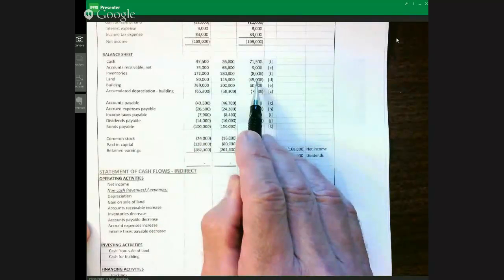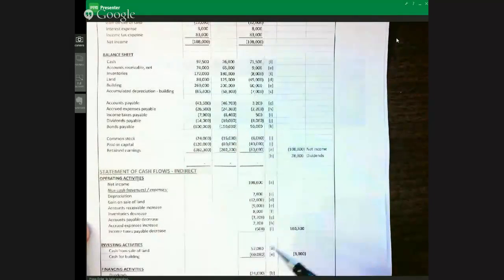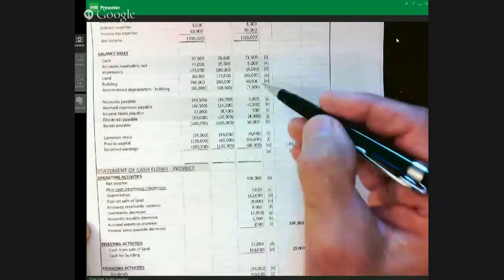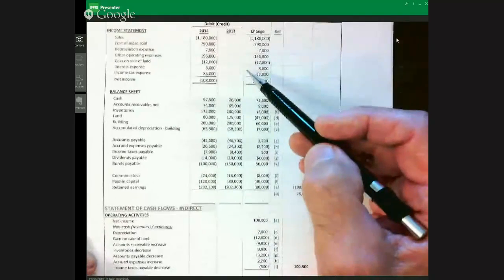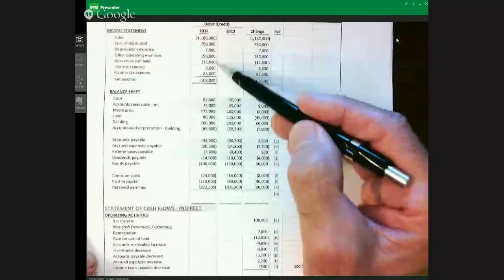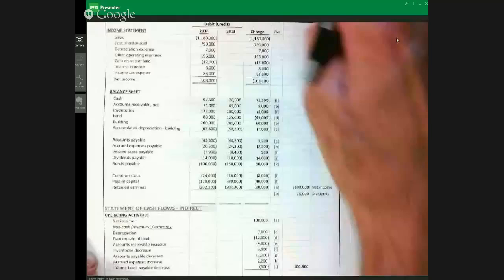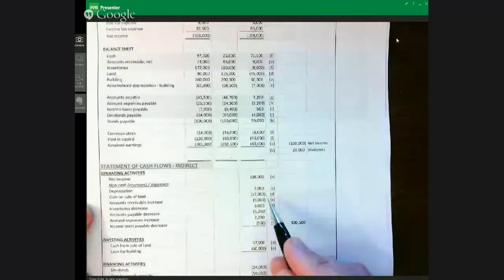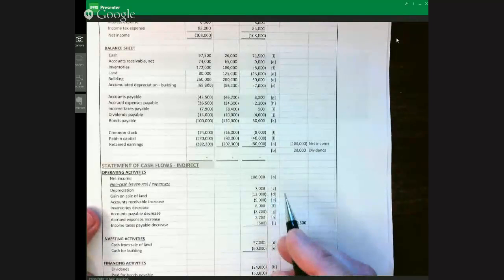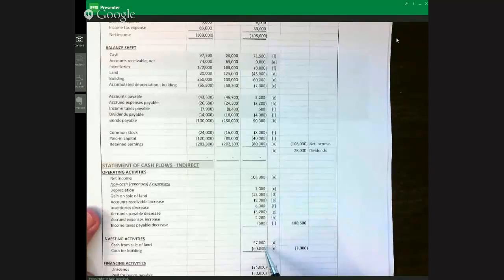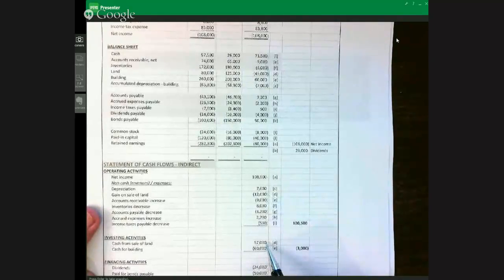So there's a decrease in land, $45,000, that we would credit to this account. We also know from the income statement that there was a gain of $12,000, and so that gain represents a non-cash revenue that we should reduce net income by. The balancing entry would be an increase in cash from investing activities, $45,000.